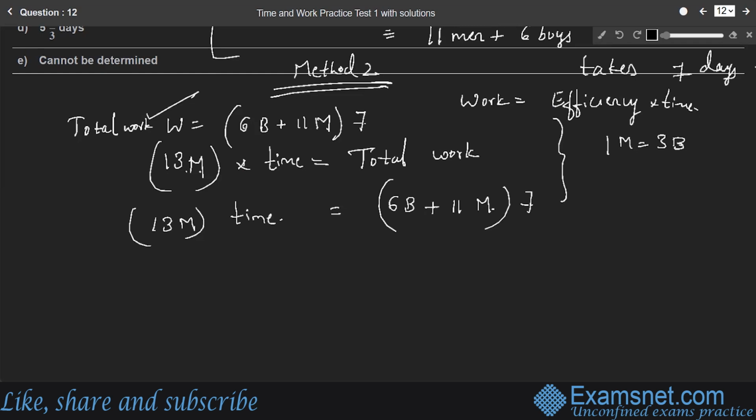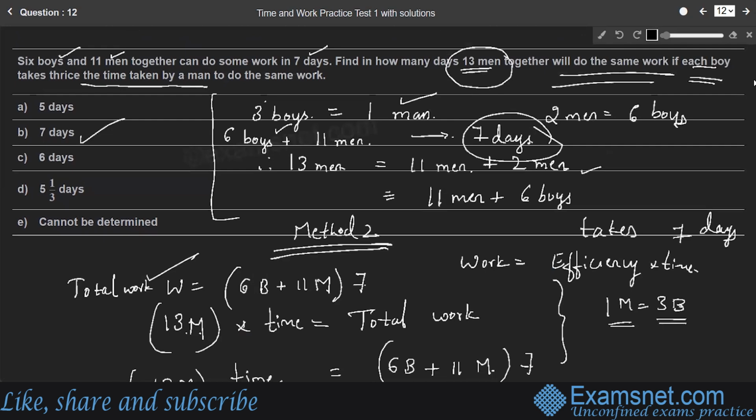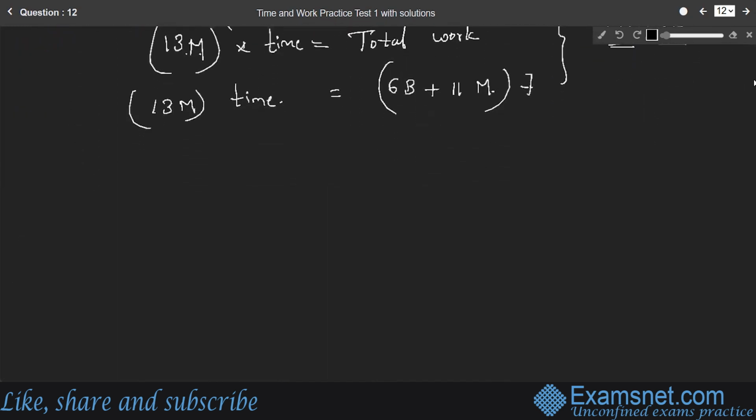So instead of 3 boys, can we write 1 man? Or instead of 1 man, can we write 3 boys? Substituting this, therefore, 13 men is equal to 13 into 3 boys into time taken by them is equal to 6 boys, or else instead of 6 boys, you can write 2 men also, right?